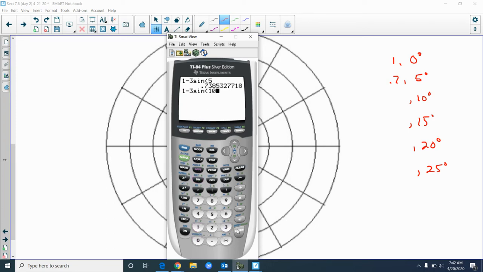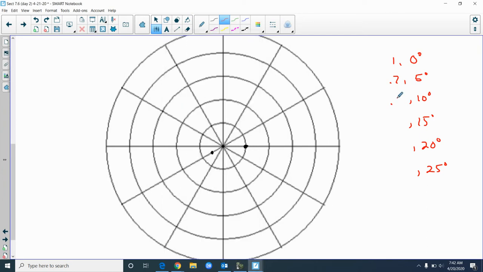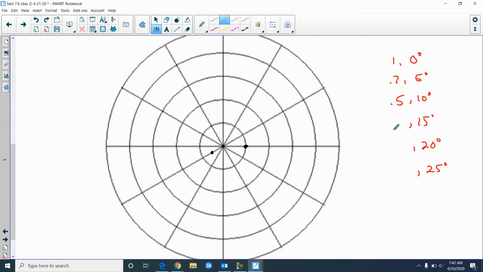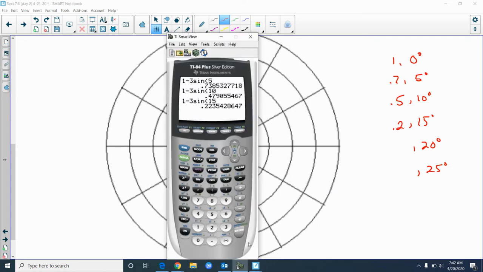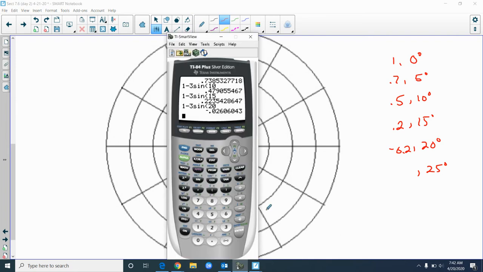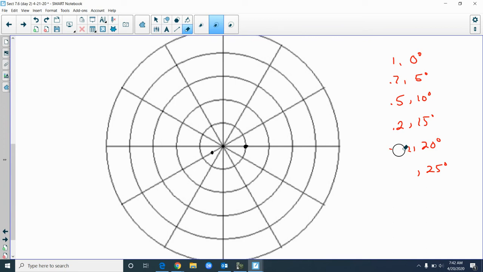Okay. 1 minus 3 sine of 10 degrees. I get 0.5. Second entry, make it 15. I get 0.2. It's getting closer to 0. And then second entry, 20. Negative 0.02.